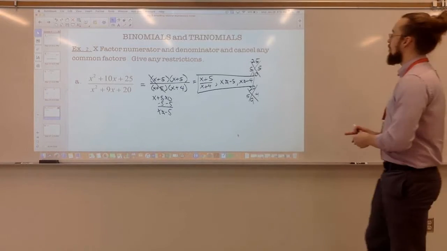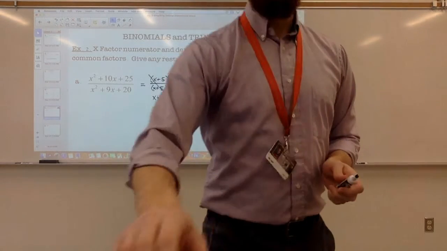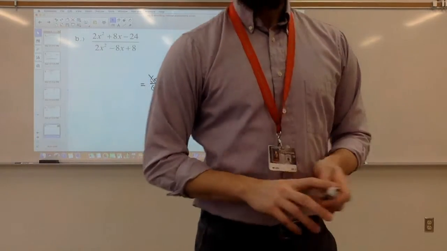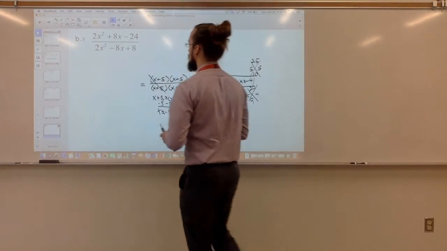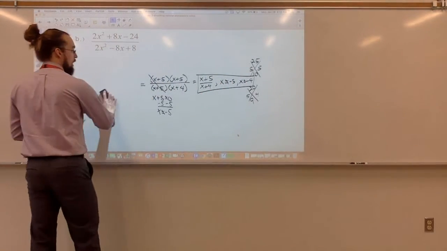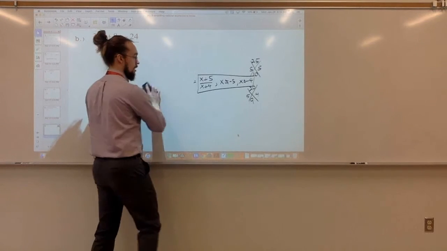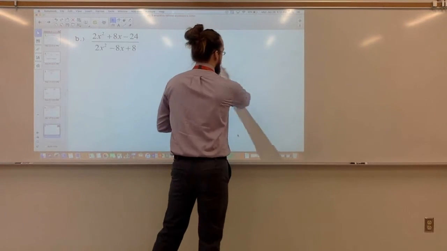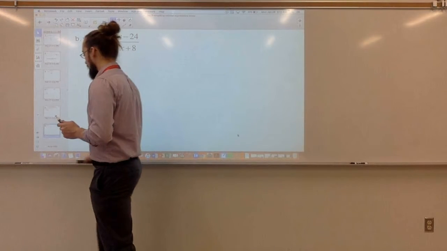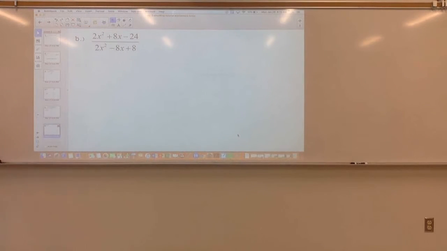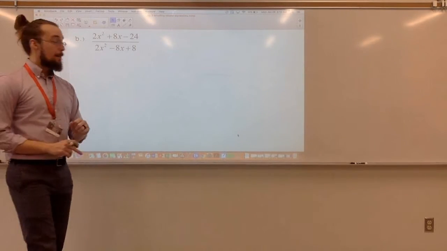Yeah, let's do another couple of them together here. All right, so let's take a look at B. So we didn't do this on the first one, but remember, the very first thing that you should always look for is what? GCF. Before you even think about x factoring, look for a GCF. Exactly.